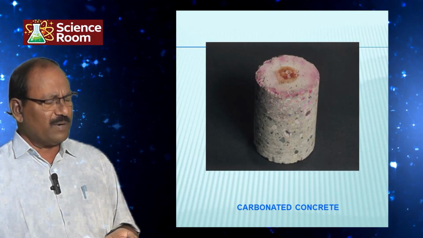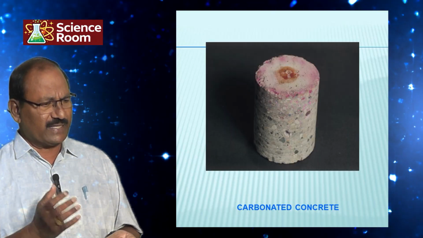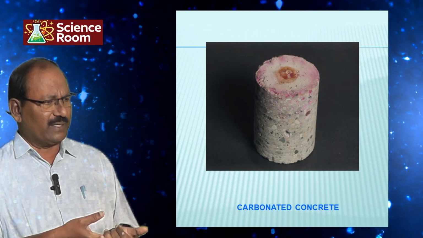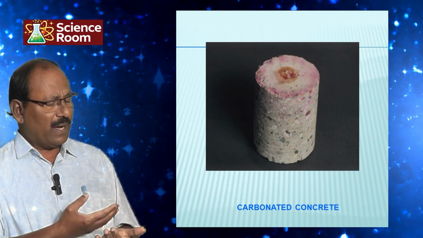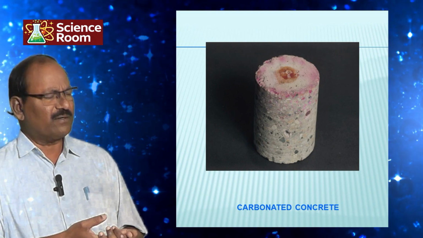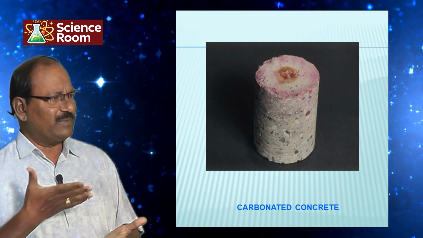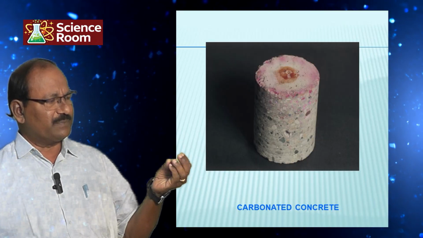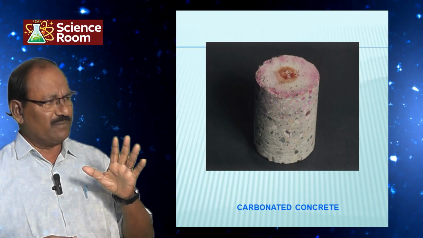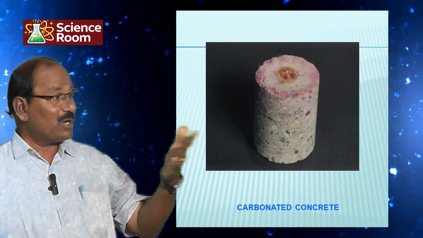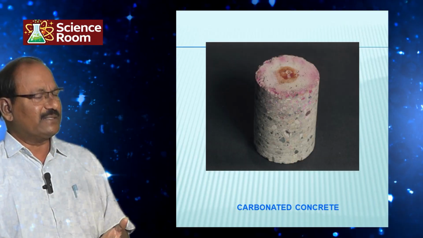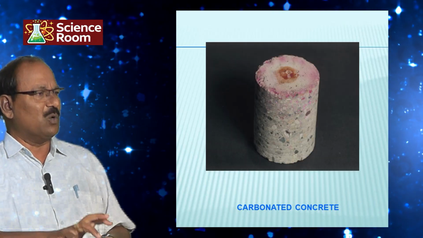When carbon dioxide goes inside the concrete, it mixes with the pore water, which consists of calcium hydroxide. This calcium hydroxide reacts with the carbon dioxide, and calcium carbonate is precipitated within the pores, and carbonic acid is formed. Carbonic acid and calcium carbonate are formed within the pores.